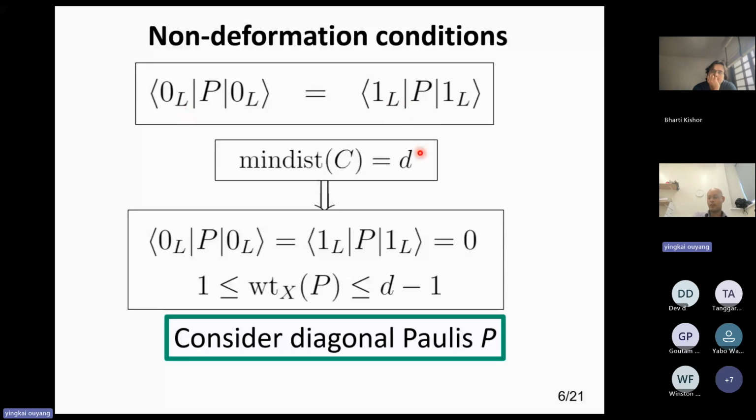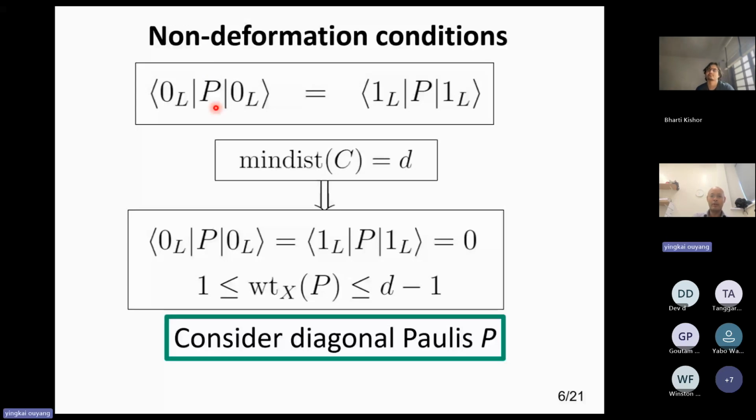So it turns out that it suffices to only consider the diagonal Paulis P, which is much less than all the low weight Paulis. All right, so without loss of generality, let us consider P to be only a tensor product of diagonal Paulis, which is a tensor product of identity and Z operators.